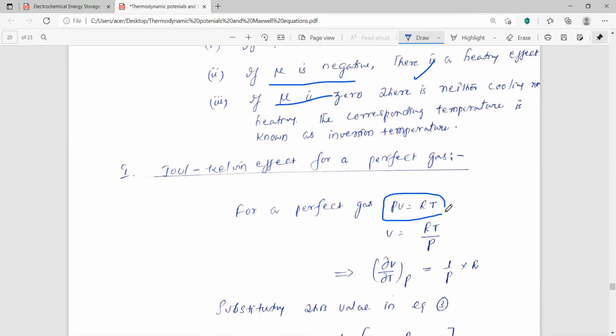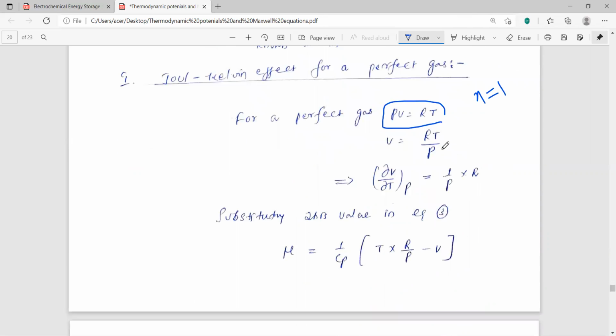PV equal to nRT. Suppose you take 1 gram mole of gas, then n becomes 1, and PV equal to RT. From this, V equal to RT by P.